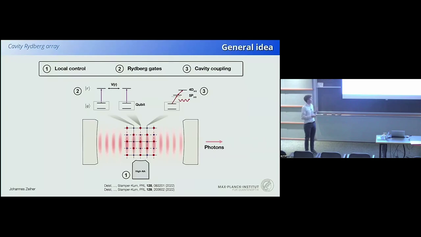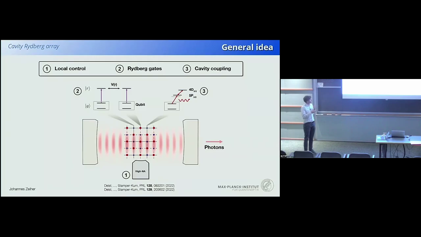And one of the ideas is that, taking all of these things together, we want to realize, for example, a logical qubit inside this cavity by using the entangling gates between the atoms to set up, for example, a surface code, and then using local control to read out individual atoms for stabilizer readout.